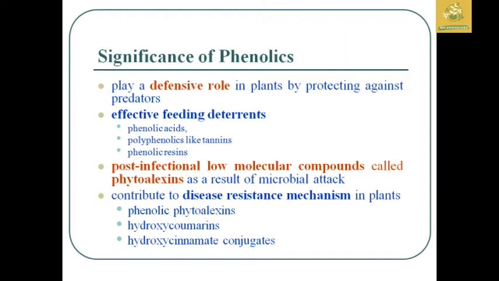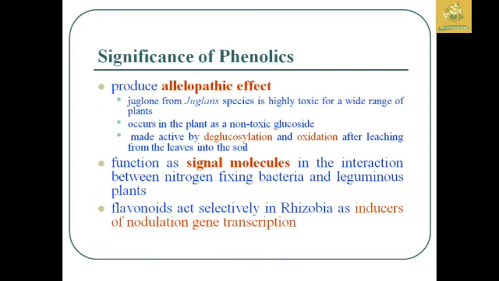They form phenolic phytoalexins, hydroxycoumarins, and hydroxycinnamic conjugates in this process. They also produce allelopathic compounds, where juglone is highly toxic to a wide range of plants. It occurs in the plants as non-toxic glucosides, and is activated by decarboxylation as well as oxidation, leaching from the leaves into the soil.